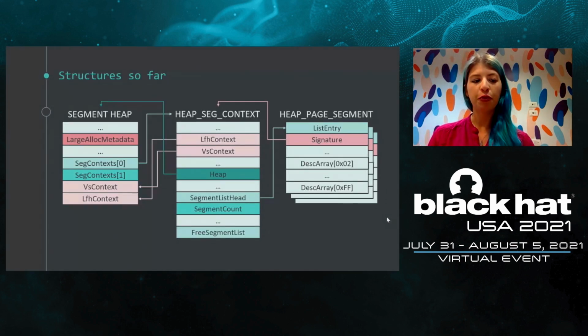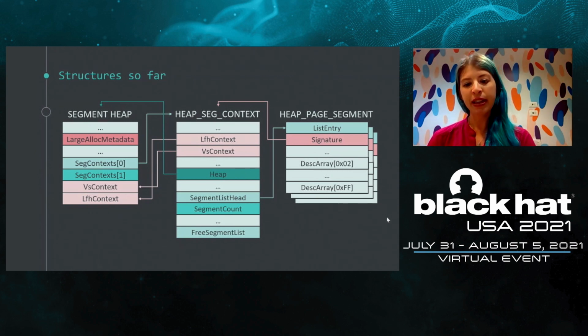So this is just to reiterate, because there are a lot of new structures here. There's a lot of new data going on. So we have the segment heap in the beginning of the pool. That segment heap has 2 Seg Contexts for different sized allocations. And in each one of these Seg Contexts, we have a list of segments.